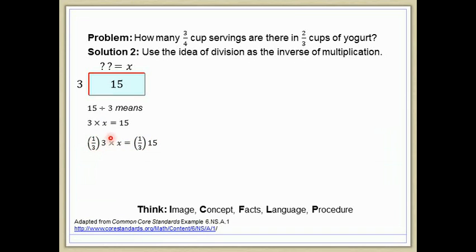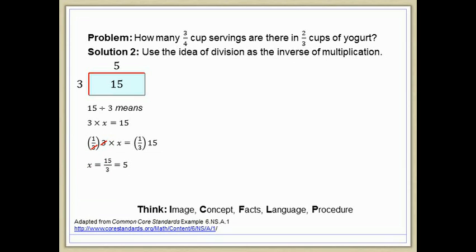So we take a third, and this is our bookkeeping over here on this side, to tell us that a third of 3 times x gives me x, and a third of 15 gives me 5. So the 3's here cancel in a way that we're used to when we're doing procedures. We can think of these two 3's canceling out, and we get x equals 5. So that's division of whole numbers.